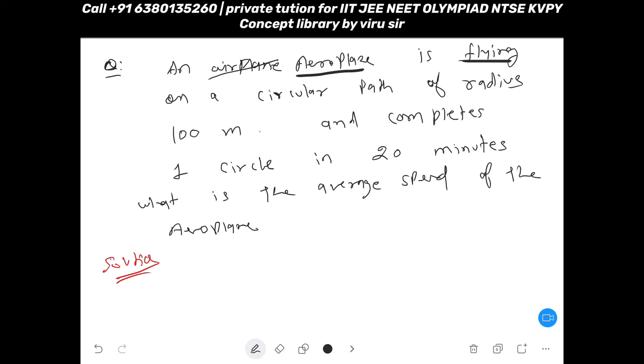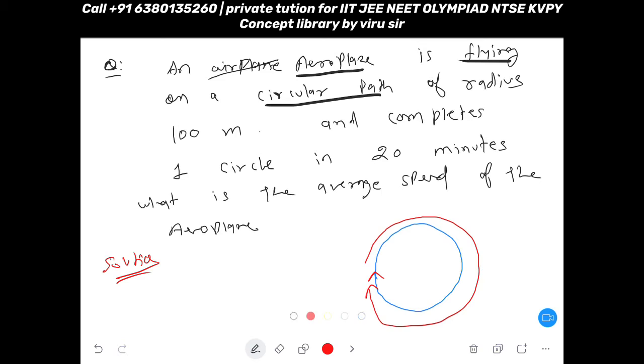The aeroplane is flying on a circular path. So just imagine this is the circular path on which the aeroplane is flying. Suppose this is your aeroplane. When the aeroplane completes one circle, with the center and radius given as 100 meter, you can clearly understand that the aeroplane is not flying along the radius.